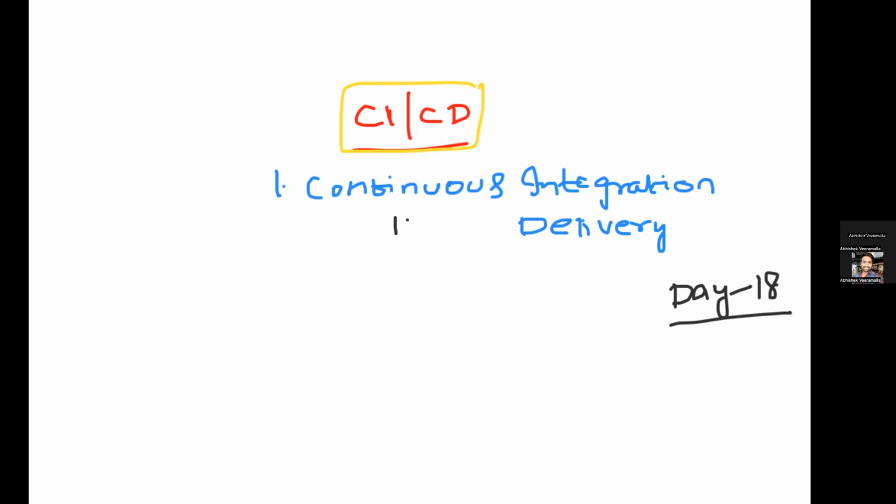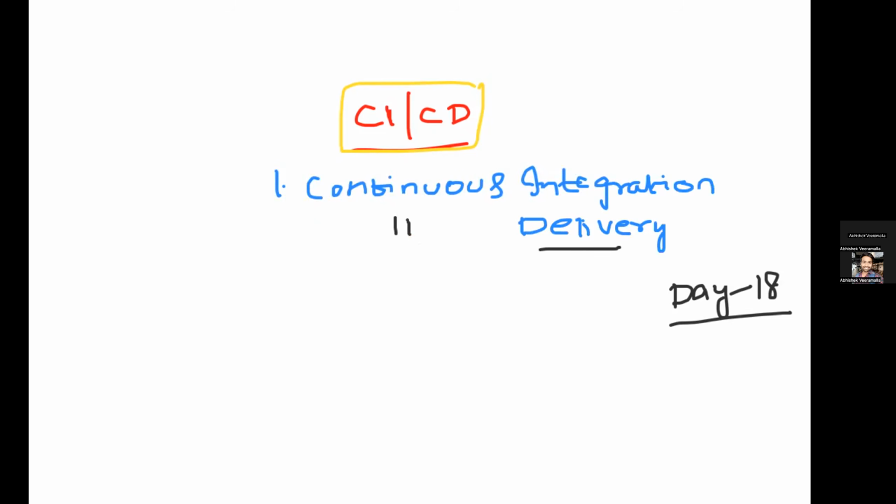Continuous integration is a process where you integrate a set of tools or processes that you follow before delivering your application to your customer. And continuous delivery is a process where you deploy or deliver your application on a specific platform to your customer. Okay, so this is a textbook definition.